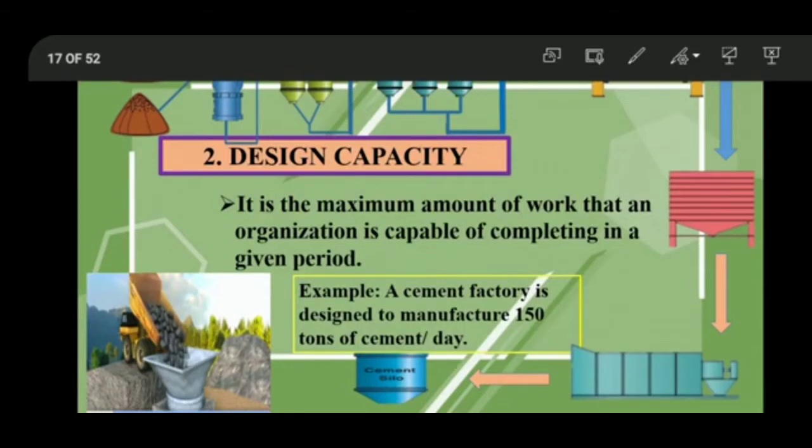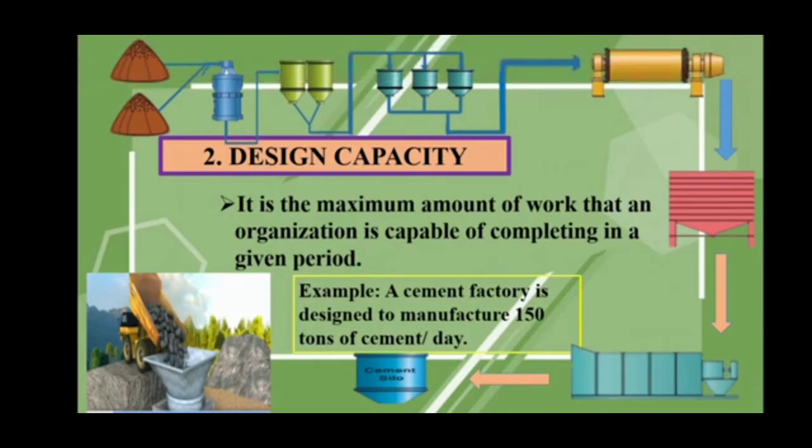It is what the process is capable of producing under perfect conditions. Furthermore, design capacity is an important consideration in capacity planning because achieving more capacity isn't always a simple matter of adding more inputs. Things have limits.